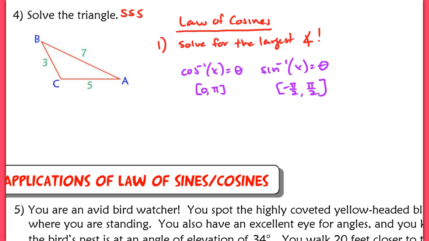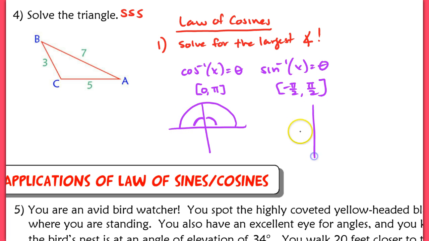So when I use my calculator and I'm using the law of cosines, I must use the inverse cosine function if I'm solving for an angle. So at some point I'm going to have to hit on my calculator inverse cosine of, let's say it's a crazy ratio where we don't have the value memorized. Well, that output, that theta value, will be between 0 and pi, meaning I can get an acute angle, which would be represented between here 0 and 90, or I could get an obtuse angle between 90 and 180.